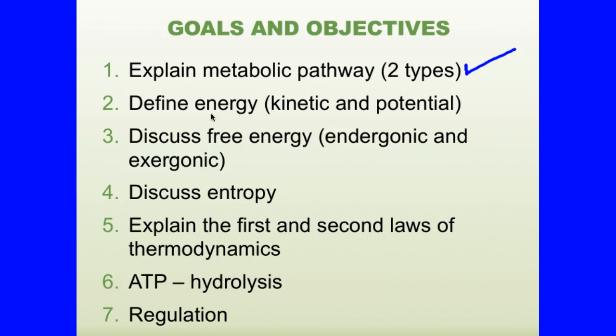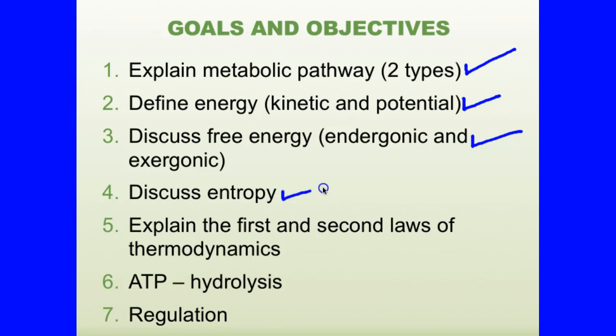We also defined energy in the form of kinetic or movement energy and potential or stored energy. We discussed free energy in an endergonic and exergonic reaction. Free energy in an endergonic reaction is going to result in a positive delta G. An exergonic reaction will have a negative delta G because it's releasing energy.